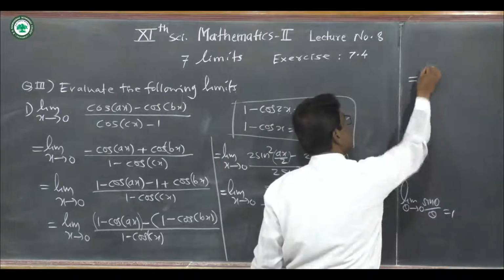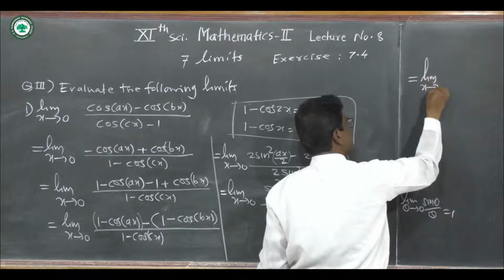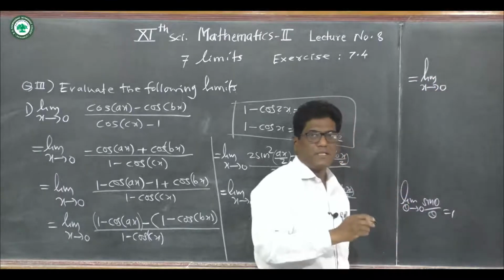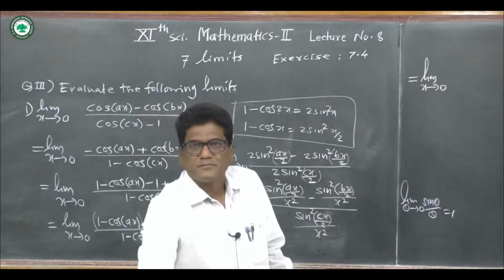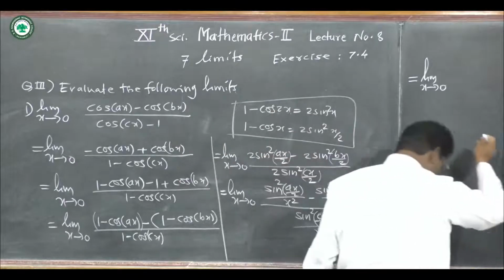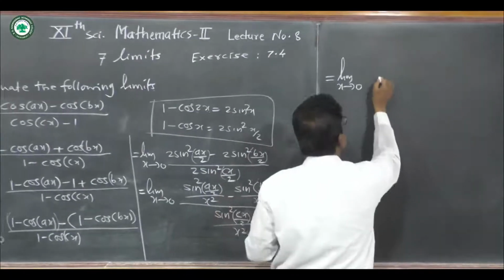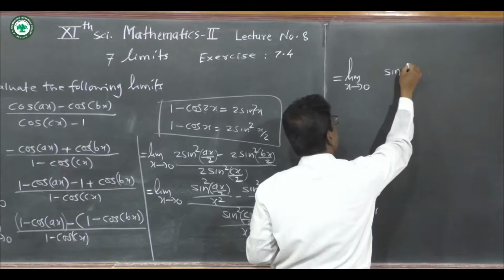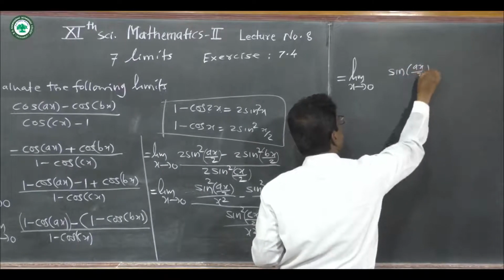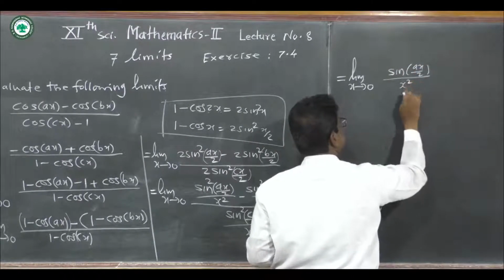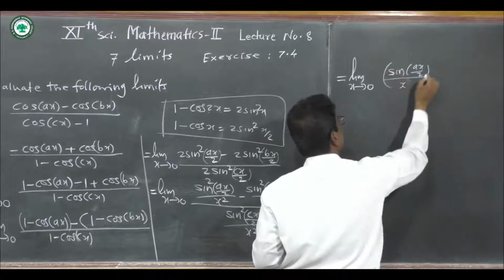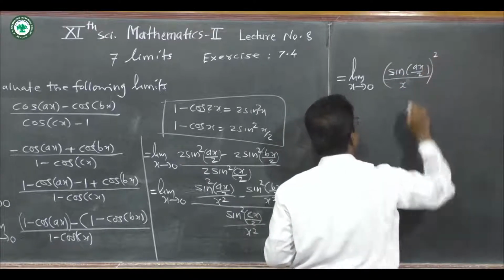This is equal to limit as x tends to 0, sine ax divided by 2 and divided by x, whole square.